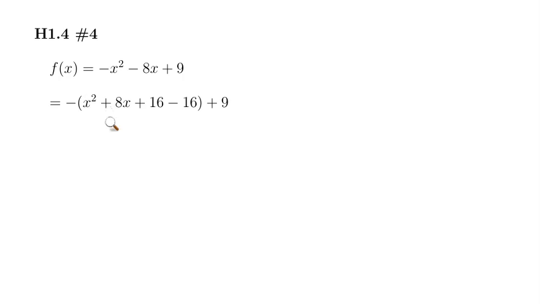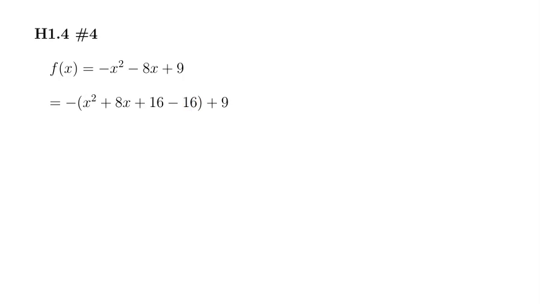So what I'm going to do is group the first three terms together and then kick the negative 16 out of the parentheses. We distribute this negative sign to the negative 16, turn it into positive 16, then put it outside.